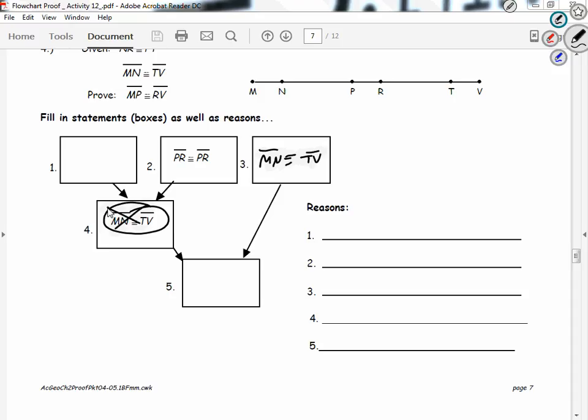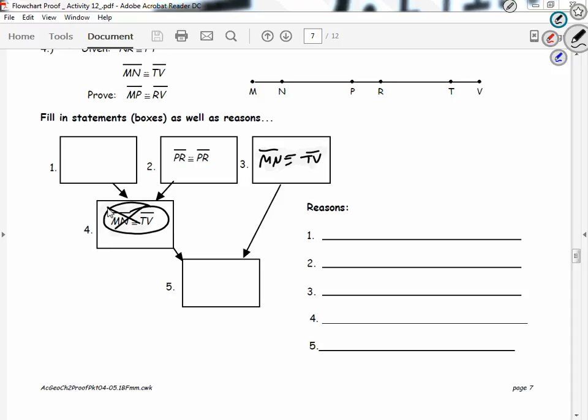When I saw it today, I thought, oh, there is a typo on that one. MN congruent to TV goes on statement 3, not 4. So 4 is blank, fill in 4. To come up with 4, use statements 1 and 2. And you know where to get statement 1.